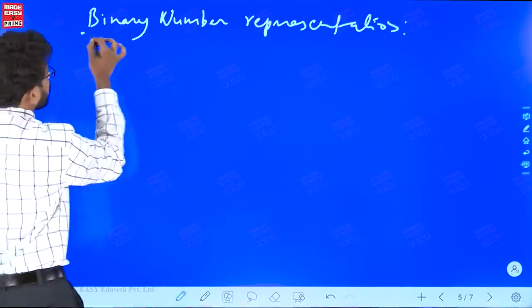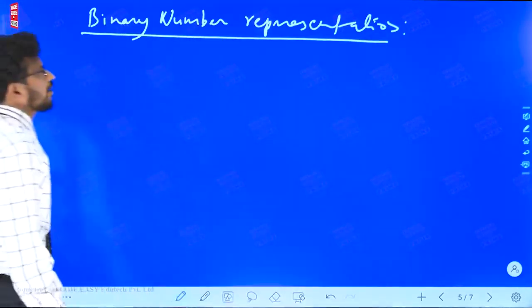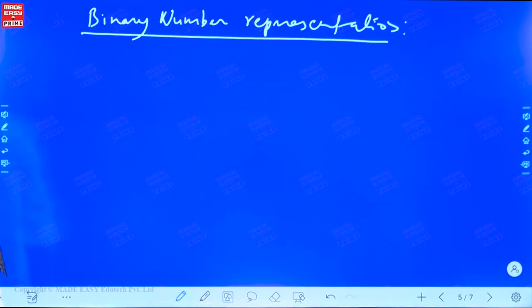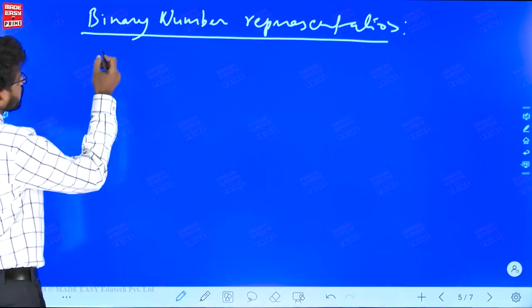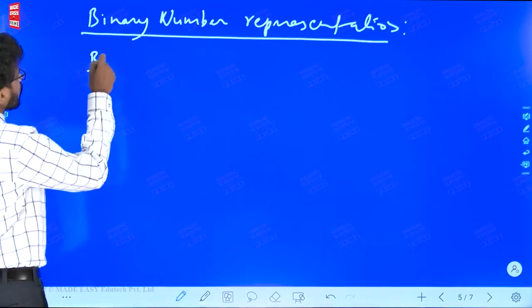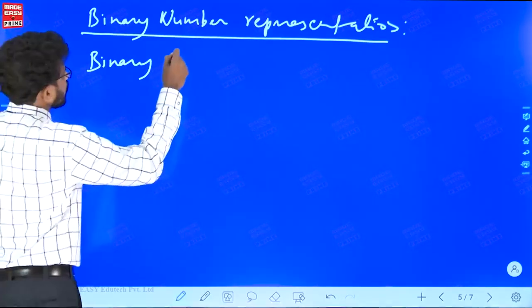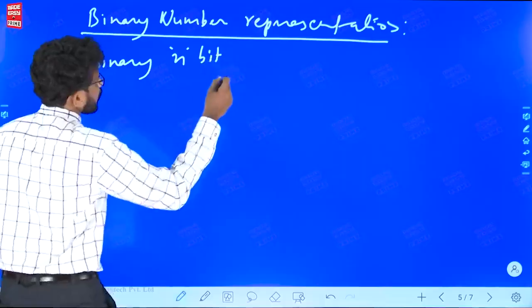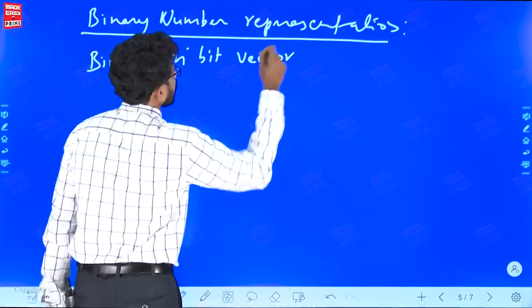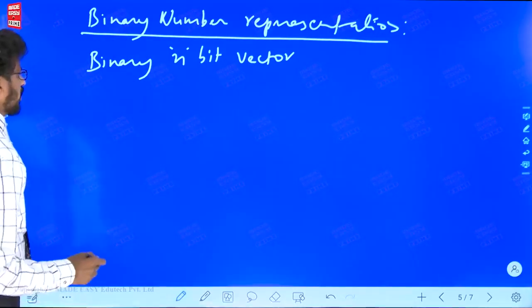Binary number representation. Fine. Let us consider an n-bit vector.